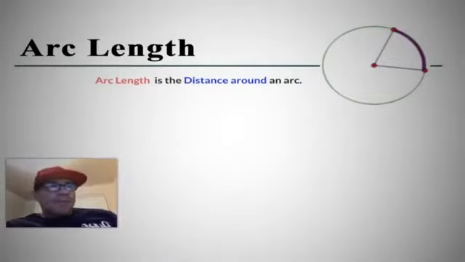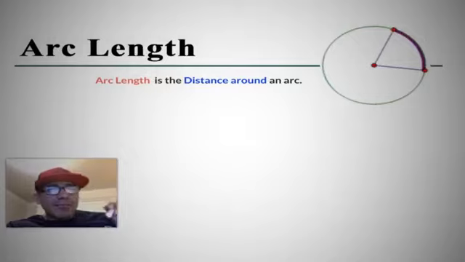Alright, mathletes, so let's talk about arc length. In a circle, when you have any sector, this distance around the circle that's represented here is called our arc length. This is what we're looking for. The arc length is the distance around the arc.